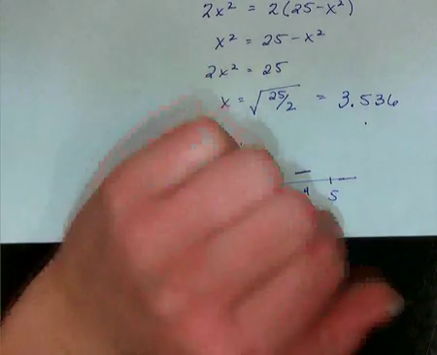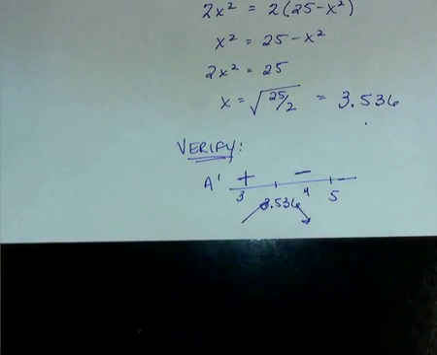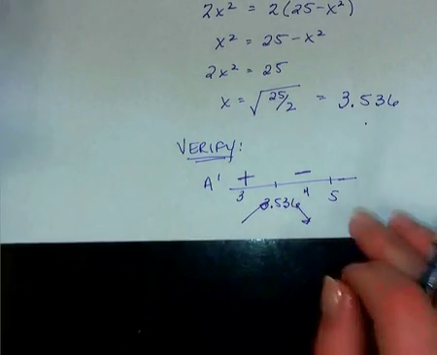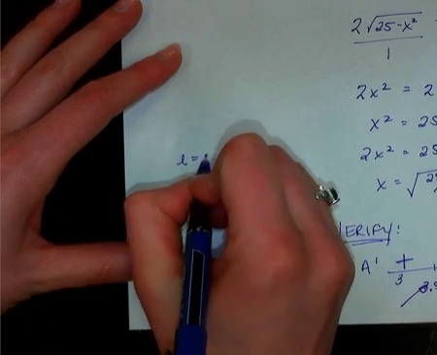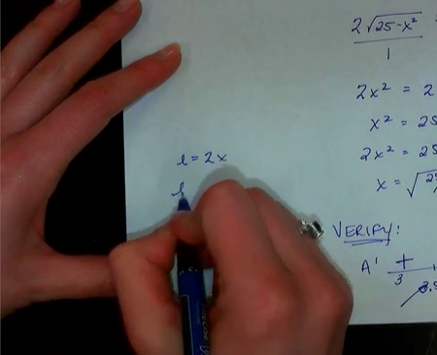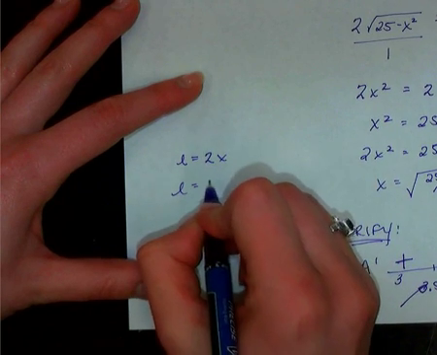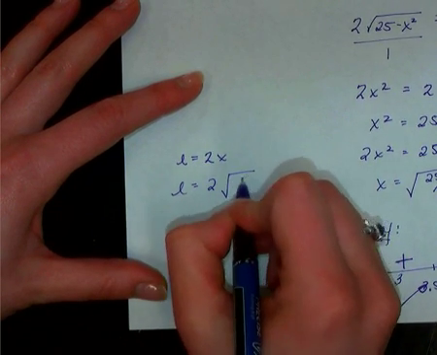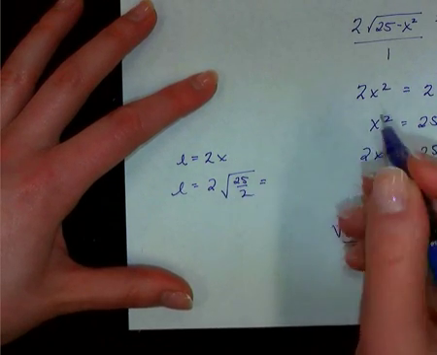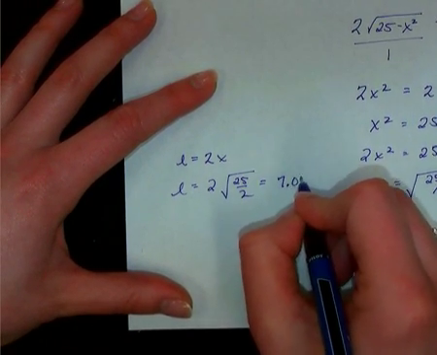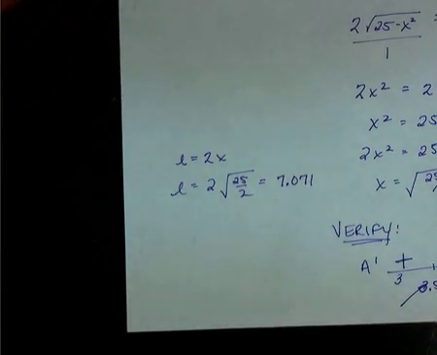Now you have to remember, we were asked to find the length and width, the dimensions of the rectangle. If you recall, we said at the beginning, the length is equal to 2x. Therefore the length is equal to 2 times the square root of 25 over 2, which is actually 7.071. That's a calculator question, guys.